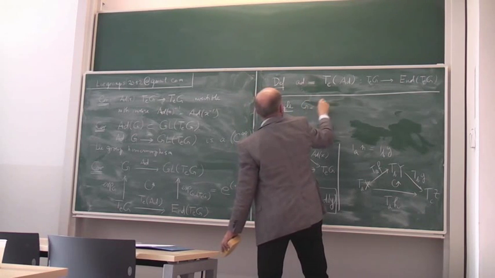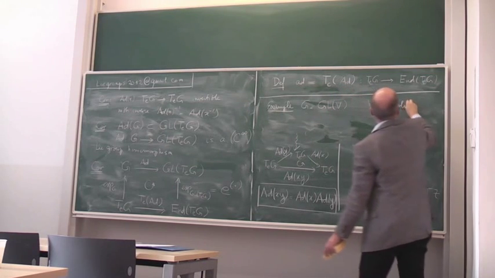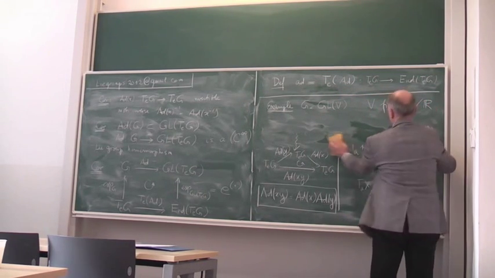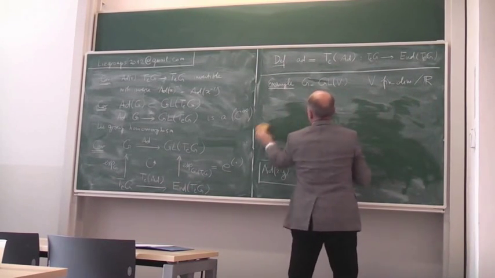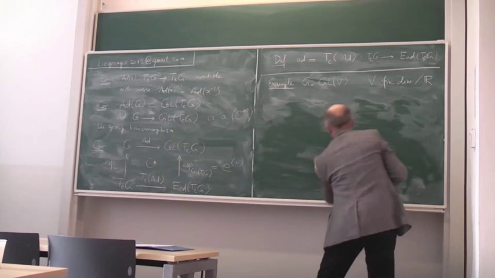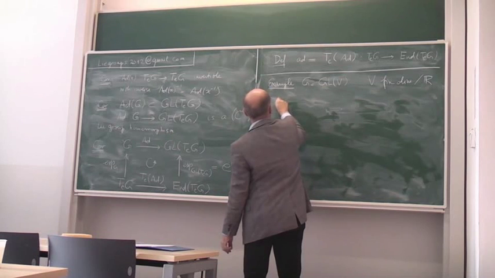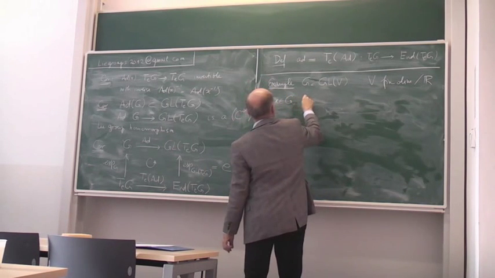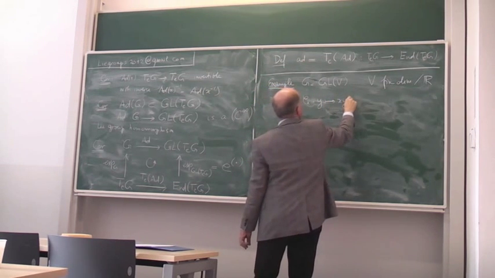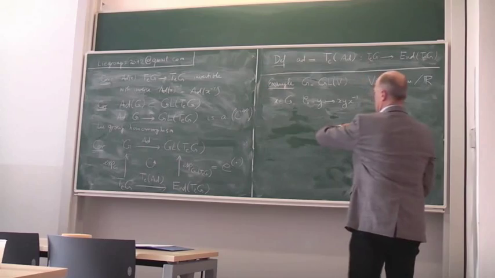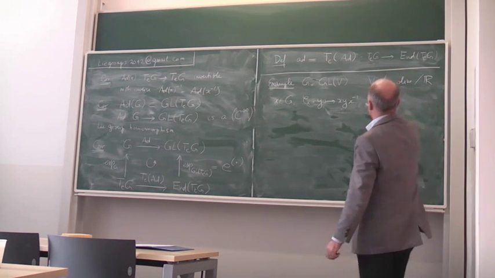Example: G is the general linear group of a finite dimensional real vector space. So suppose that X is an element of G, then conjugation by X is the mapping Y to this conjugate of Y. It maps the group to itself.